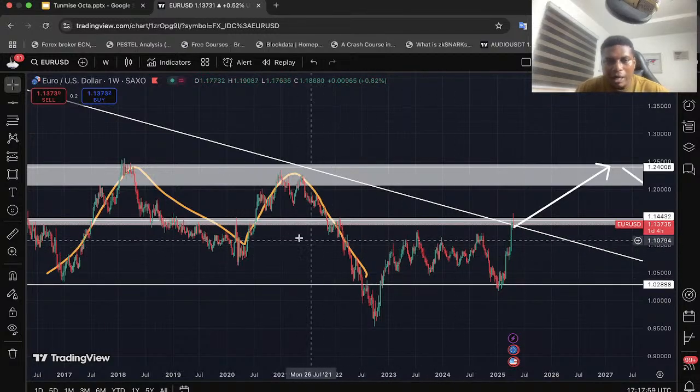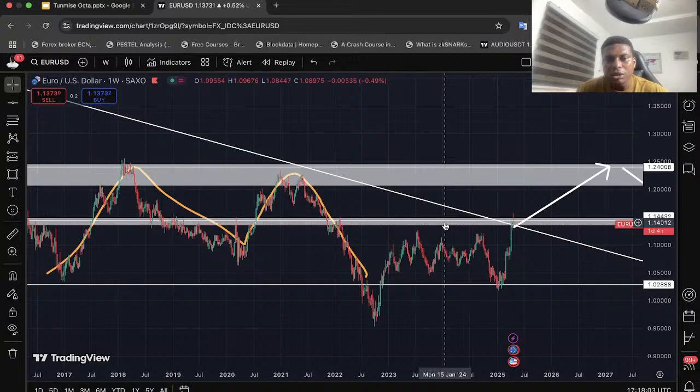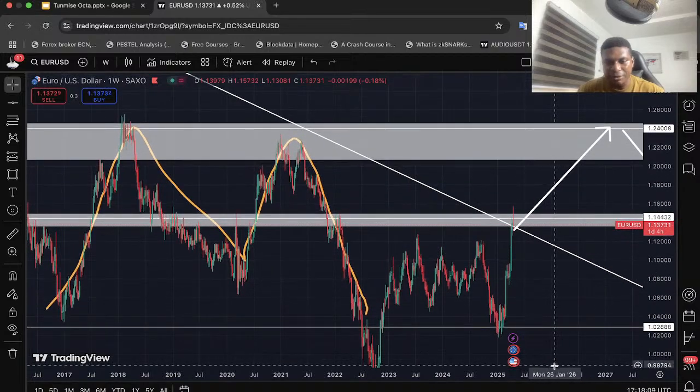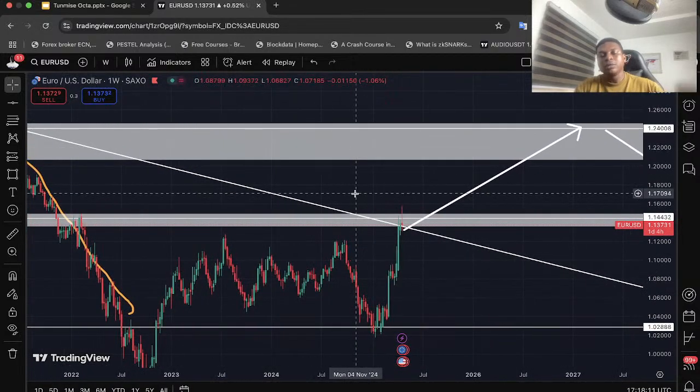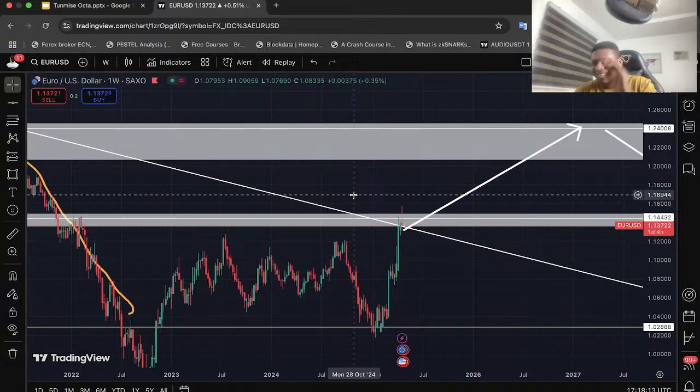So now you can see that this minor resistance zone in the monthly time frame is a major resistance zone in the weekly time frame. However, a resistance zone is a resistance zone. How major or minor only depends on what time frame you are looking at.